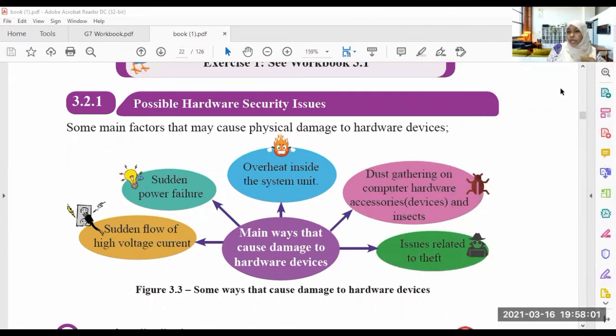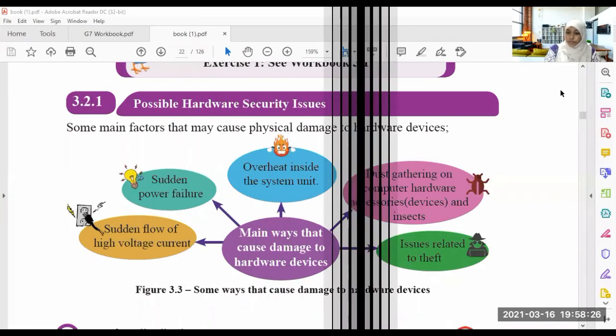Theft means someone can rob our computer devices like the monitor, the keyboard, whatever hardware devices, right? Understood? What does theft mean? Someone can come and take our devices. It is theft.